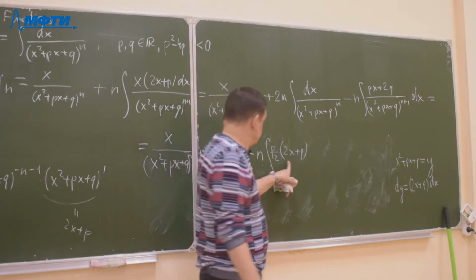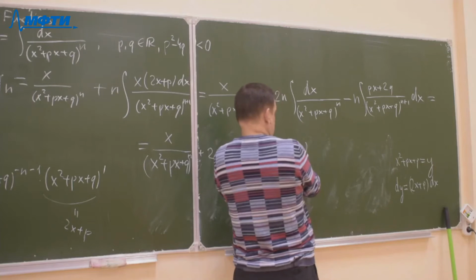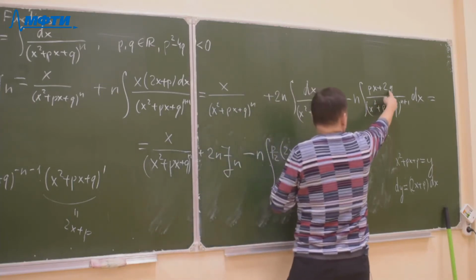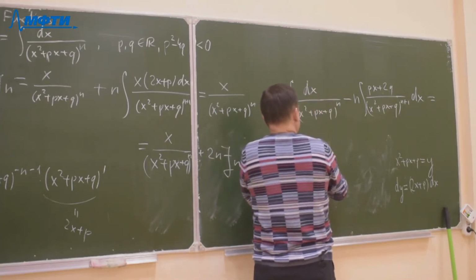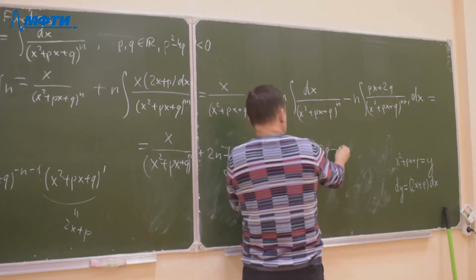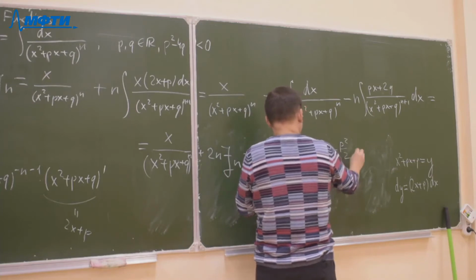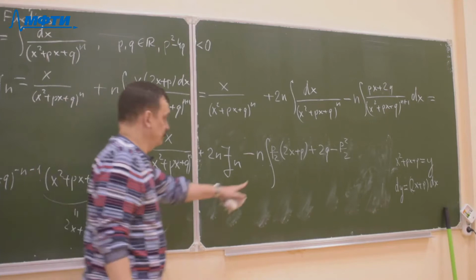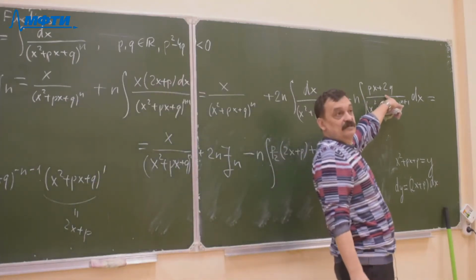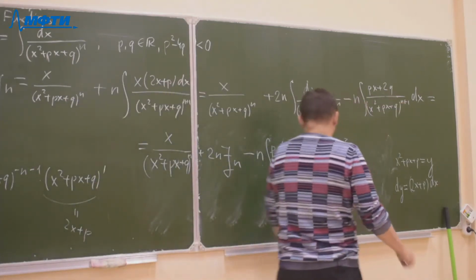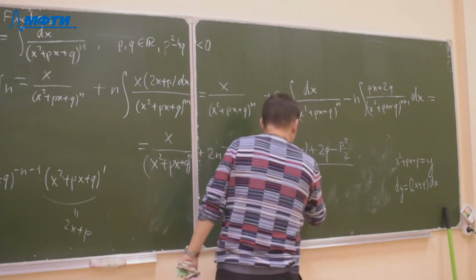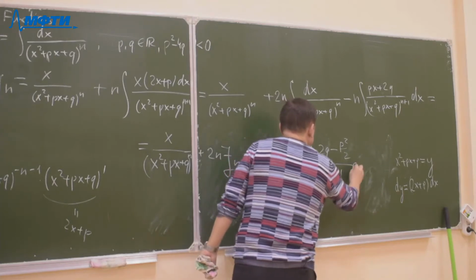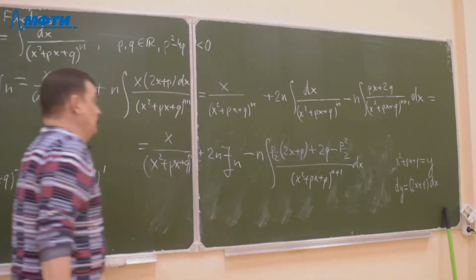But look what remains, p squared over 2, and we have 2q. So I need to add 2q and to cancel this p squared over 2, right? That is precisely the expression in the numerator. Okay? After that, what we have?